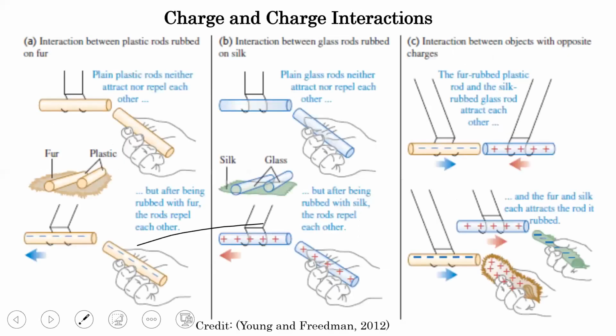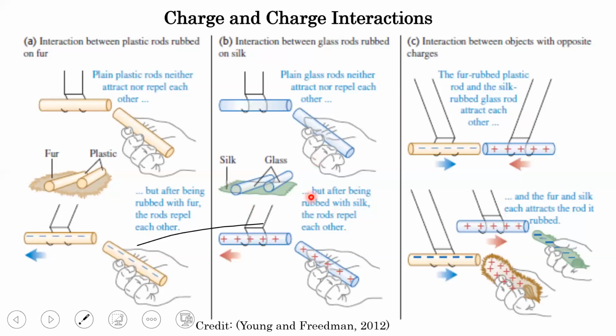The excess electrons that entered the plastic rod did not come from nowhere. They came from the wool. So the wool, which has given electrons to the plastic rods, is now deficient of electrons itself, and so is positively charged.